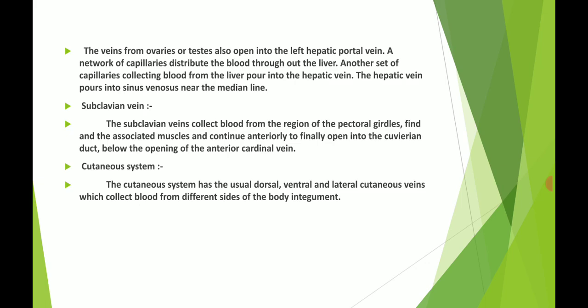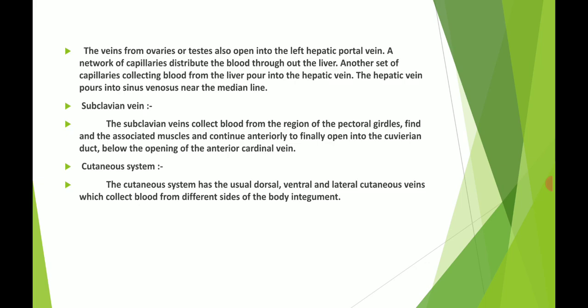A network of capillaries distributes the blood throughout the liver. Then another set of capillaries collects blood from the liver and pours it into the hepatic vein. Then the hepatic vein pours into the sinus venosus near the median line.